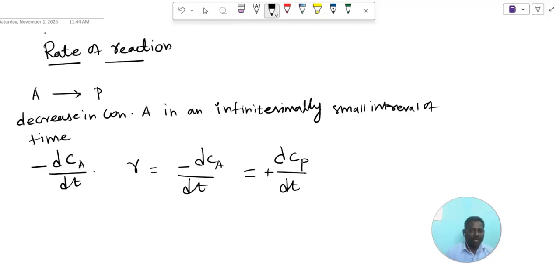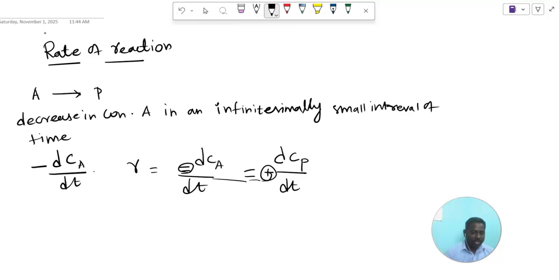Here we have a positive sign. This negative and positive sign indicates how the change occurs. Positive means the concentration is increased with respect to time. As time goes on, the concentration of product keeps on increasing.